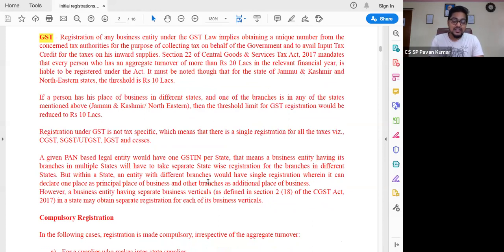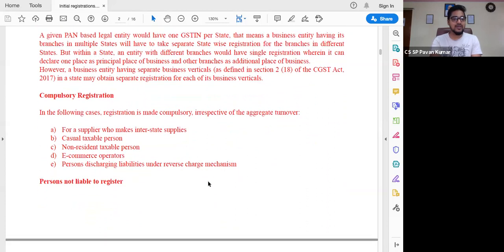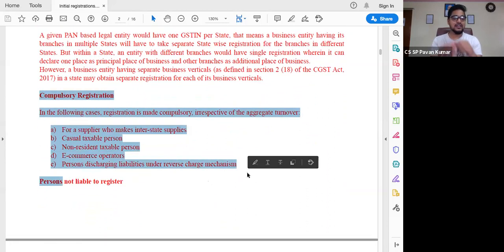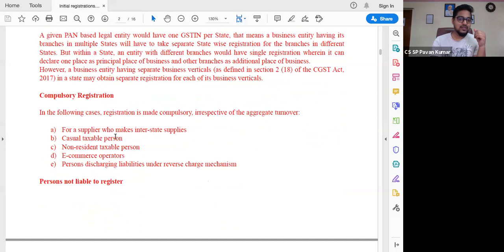There are other types of situations also where GST registration will become compulsory. So what are the cases under which GST is compulsory even though the threshold limit is not exceeded? For example, a supplier who makes interstate supply, irrespective of my turnover, I will be forced to get GST registration.